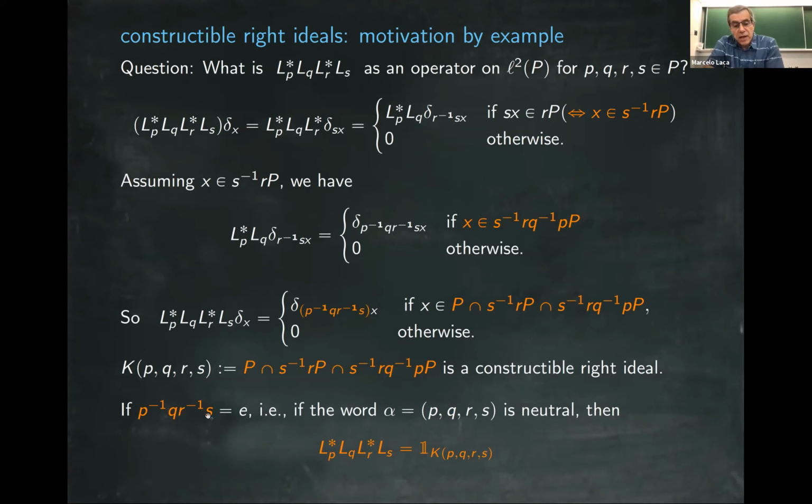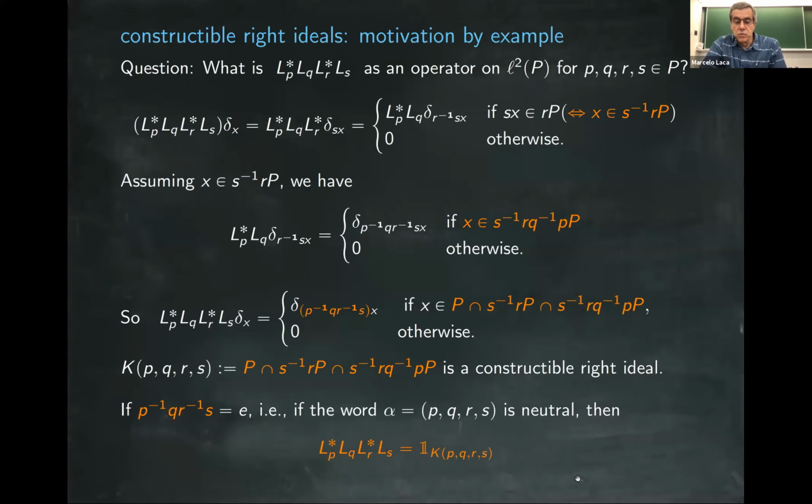And if this group element happens to be the identity, in other words, if that word alpha equal to PQRS is a neutral word, because this multi-fraction P inverse Q, R inverse S is the identity, then you get the identity, so you get back delta X, but you only get back delta X if X is in the set.